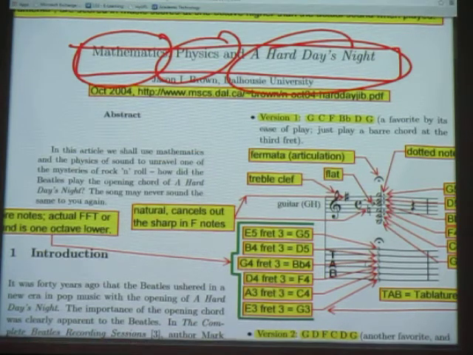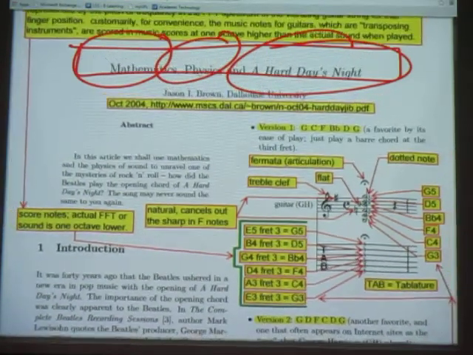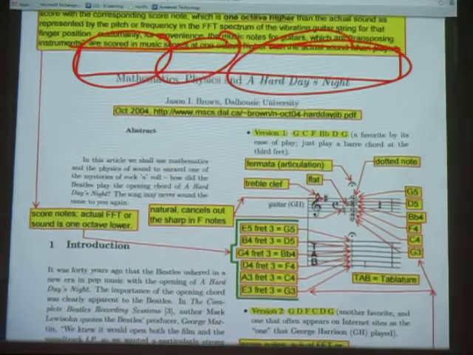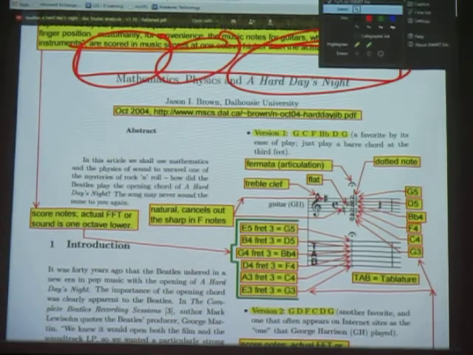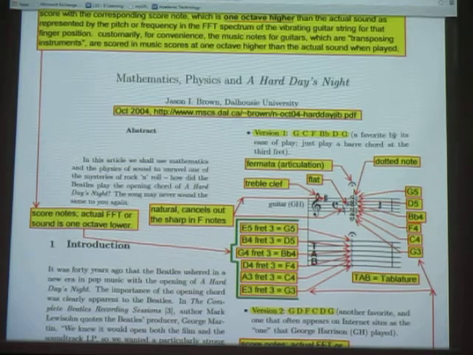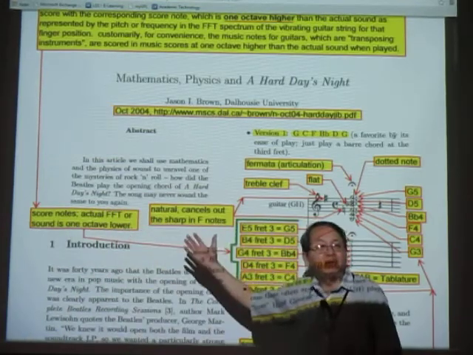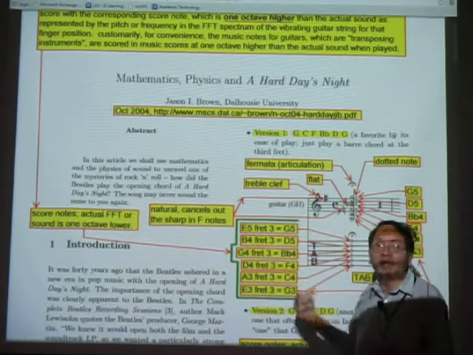I just discovered something. If I use the down arrow, I zoom out. So I'd like to explain to you enough so you understand this paper and can share the enjoyment.